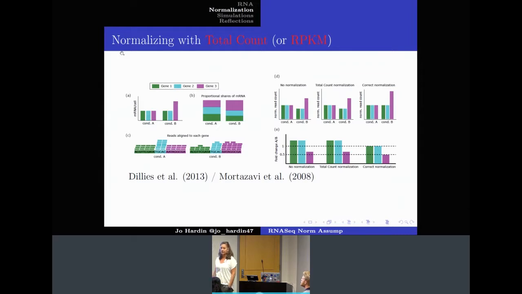Total count normalization, like RPKM, is very similar. It says if you take the total number of reads that we get right here and just divide by everything, then we end up with this ratio, those bars, and we end up misleading ourselves by thinking that, oh sorry, I put A on top here, that the blue and the green would be upregulated in condition A, and that the purple would be downregulated in condition B.